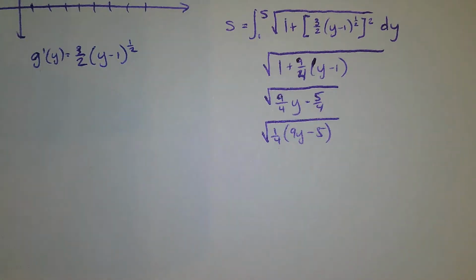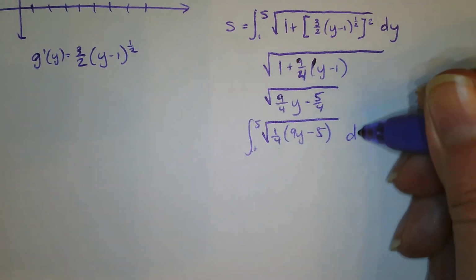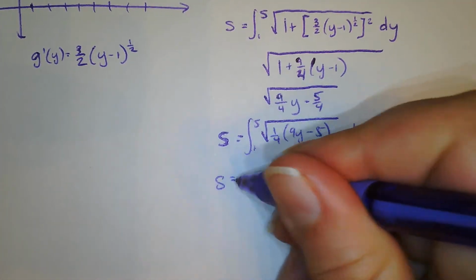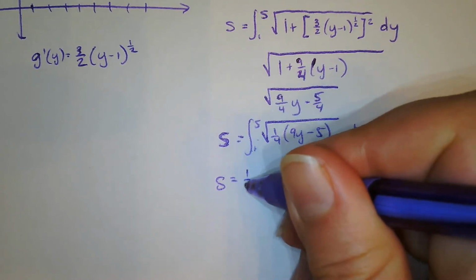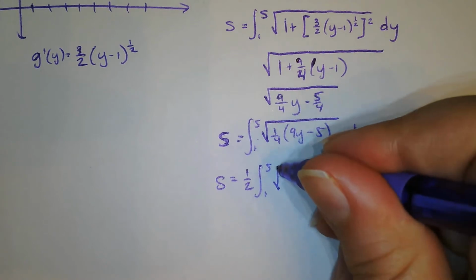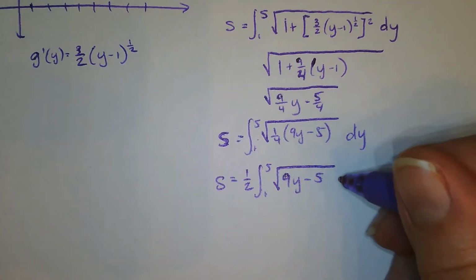Now let's get back to the actual formula. So from 1 to 5 dy, and the s. S equals, the 1/4 comes out as a 1/2. I'm going to pull that out front. From 1 to 5 of the square root of 9y minus 5 dy.